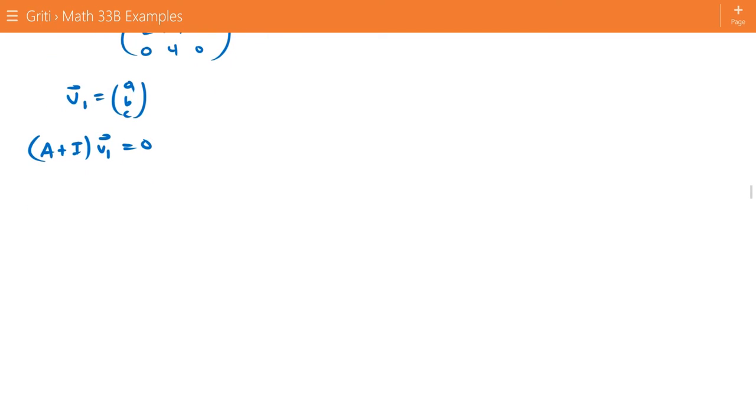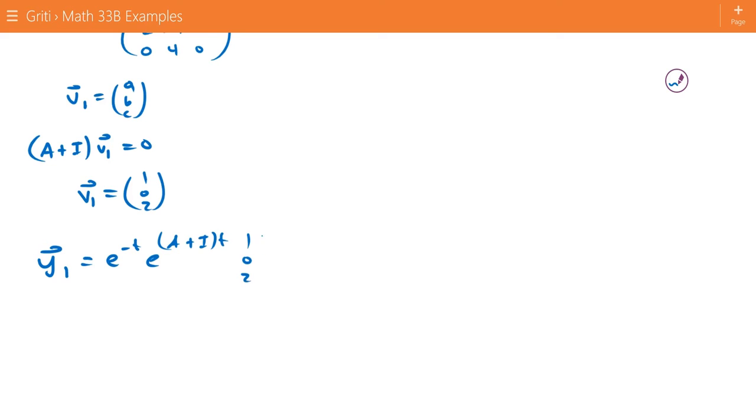We've done this before, and I'm just going to give you the result. v1 equals 1, 0, 2. So this gives us that y1 equals e to the negative t times e to the (A plus I) t times 1, 0, 2.